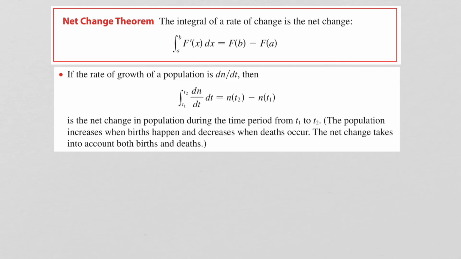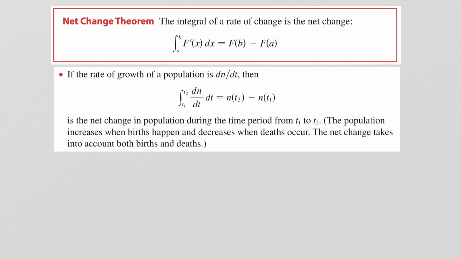Another very common example is this one. If the rate of growth of a population is dN/dt, then if you integrate that rate of growth with respect to time from t1 to t2, you get N of t2 minus N of t1. In other words, if you integrate the rate of change of the growth of a population, you get the net change in that population.